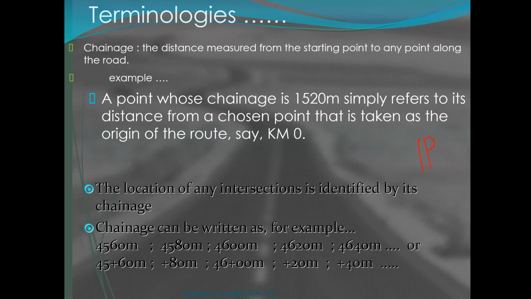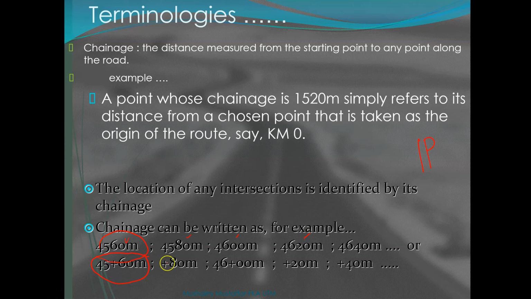Chainage can be written, for example, as 4560 from the starting point. You can either write it like that, 4560, or in some conventions they use 45 plus 60. When you do your marking on the curve, when you do your setting out, we normally put markers at a specified interval. I've chosen a 20-meter interval here: 60, 80, 00, 20, and so on.